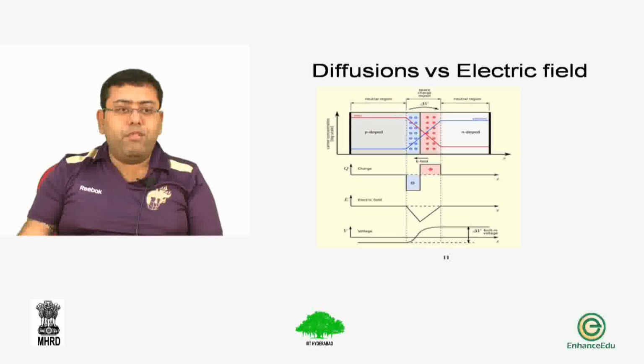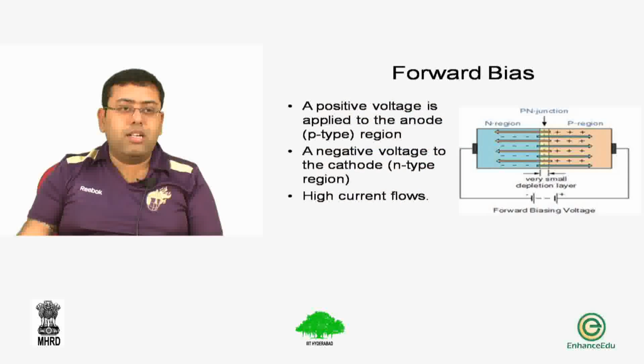Now when you apply a positive potential across the p-n junction, with the positive voltage applied to the anode and negative voltage applied to the cathode, the potential barrier falls, and because of which it is very easy for the carriers to cross the junction and reach the other side, and this leads to a steady increase in the current.